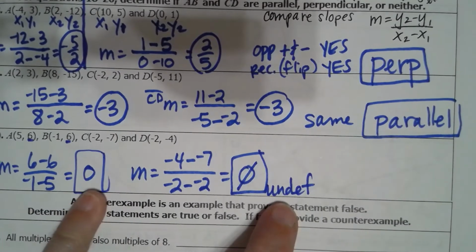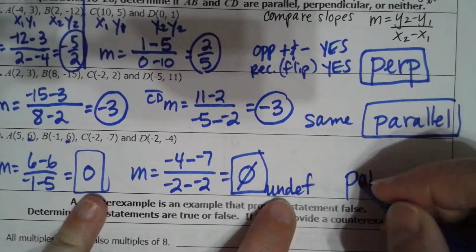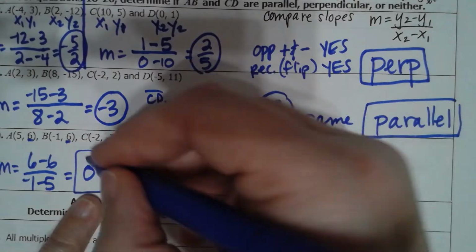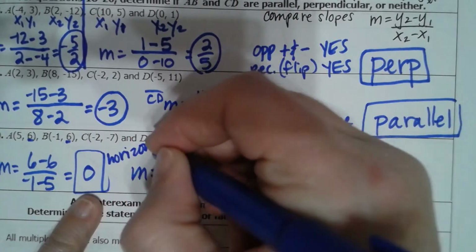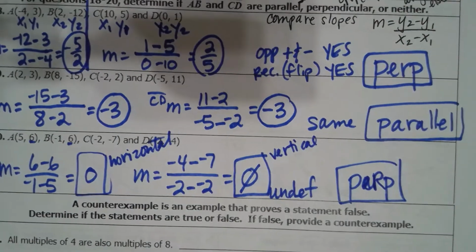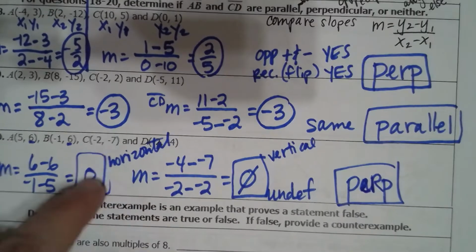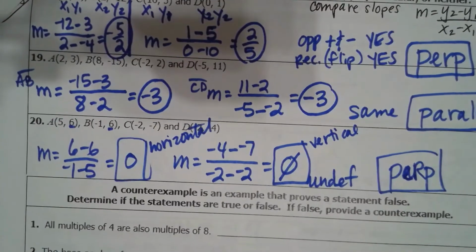When we have a slope of 0 and undefined, those are perpendicular to each other because this is a horizontal line and this is a vertical line, and those will always be perpendicular. That's an E right there. Okay, that's the special case of perpendicular. Anything else will be neither.